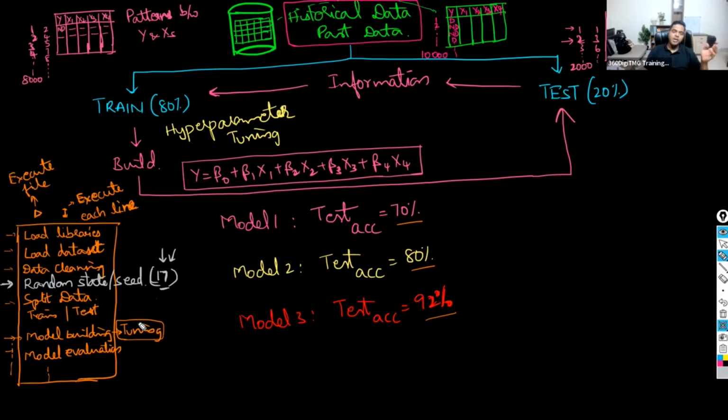Once again, if you were to tweak your hyperparameters and run your entire file, when it processes each line, at this line it will look at 17 and understand that 17 should hold all these values in training and all these values in test. And then it will proceed further.